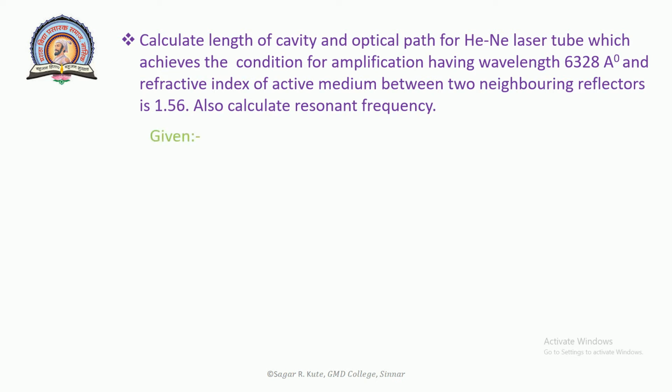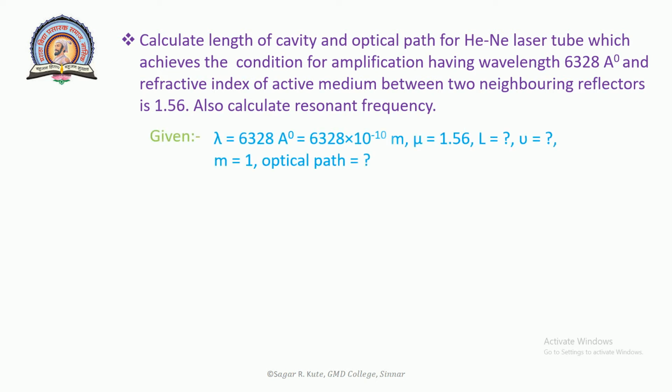Now in this numerical given, lambda is equal to 6328 angstrom, that is 6328 into 10 raised to minus 10 meter, mu is equal to 1.56, L is calculating, that is length, mu L is calculating, that is optical path, resonant frequency, and m is equal to 1, and calculate optical path.